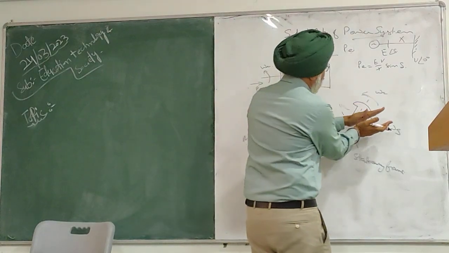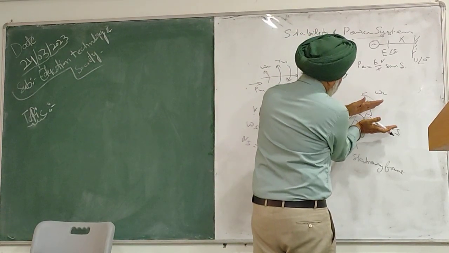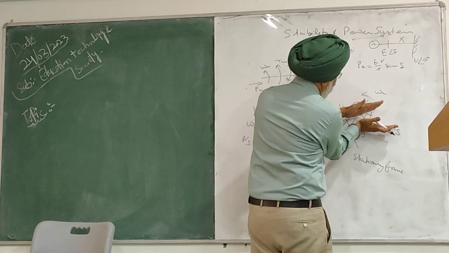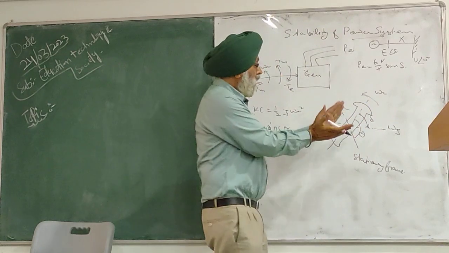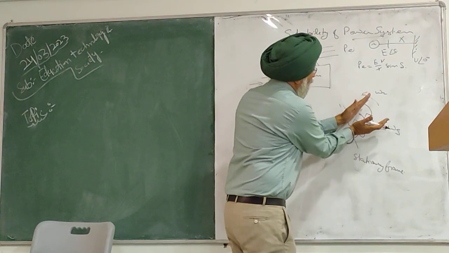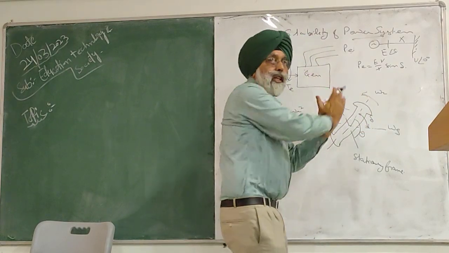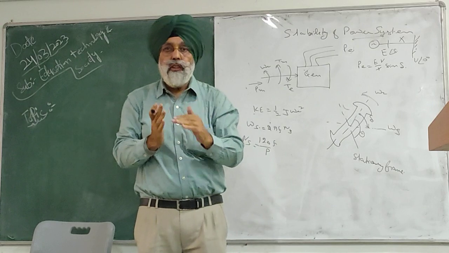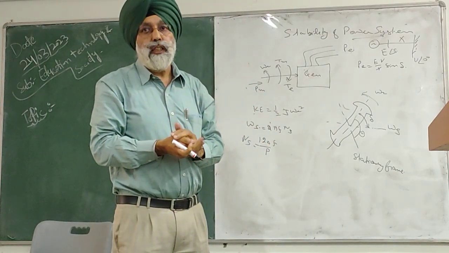So we have this synchronous rotating field and the rotor is rotating like this. If there is an angle delta and they are simultaneously revolving at the synchronous speed, then this state is known as the steady state condition for the generator.